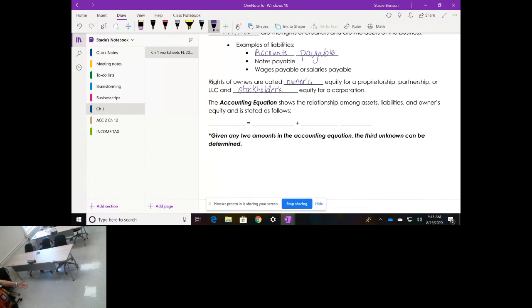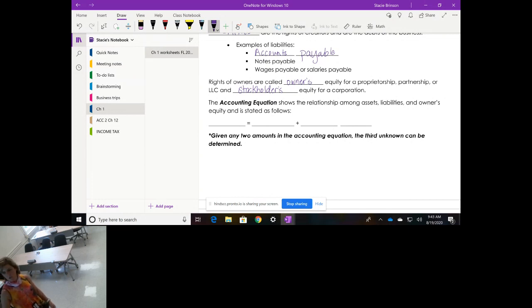For us personally, this is what equity is. Let's say my car is worth $10,000 and I owe $5,000 on it to the bank. Well, I've got $5,000 of equity in it. That means if I pay it off and sell it, then I get $5,000. Does that make sense? It's just the difference between your assets and your liabilities.